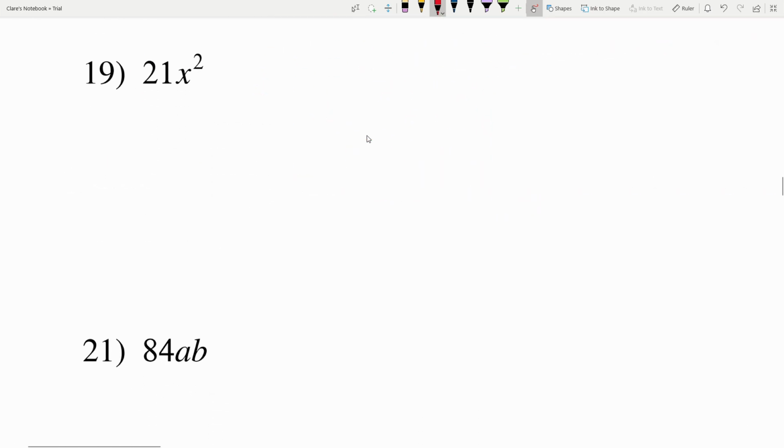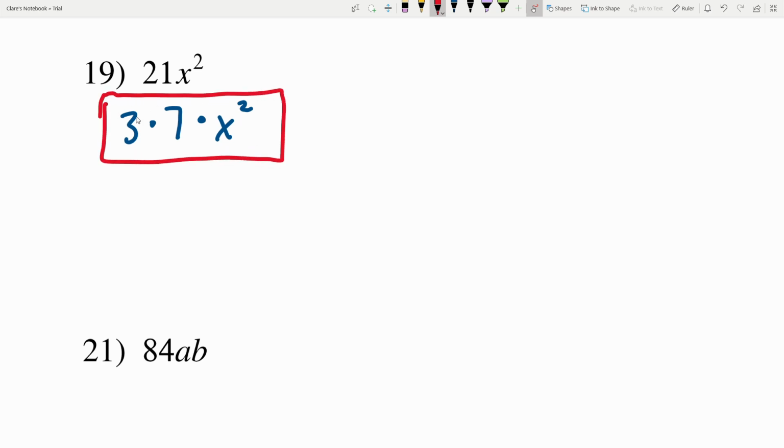In number 19, I have 21x squared. Now, 21 cannot be divisible by 2, but it is divisible by 3. That's 3 times 7, and I'll multiply that by x squared. Now, if you notice, 3 is prime, 7 is prime, and then x squared cannot be simplified any further. So 3 times 7 times x squared is my solution in number 19.